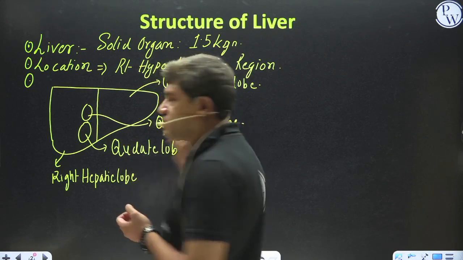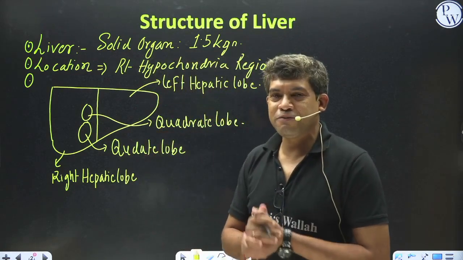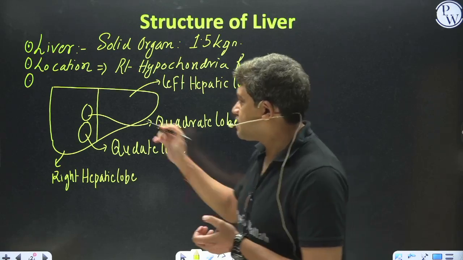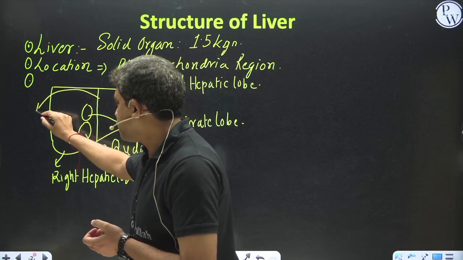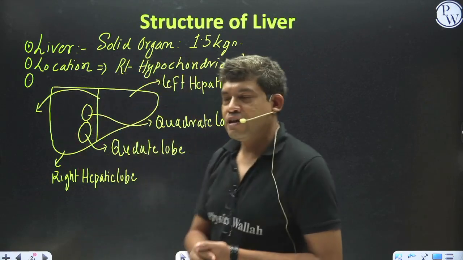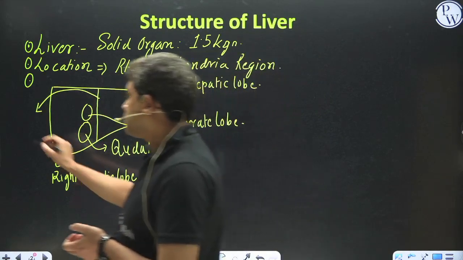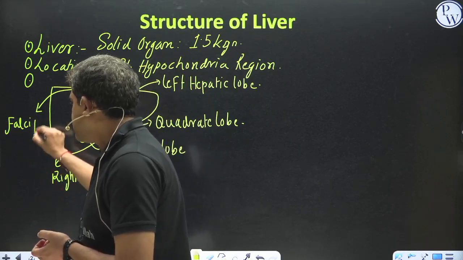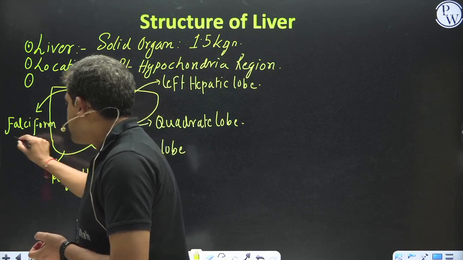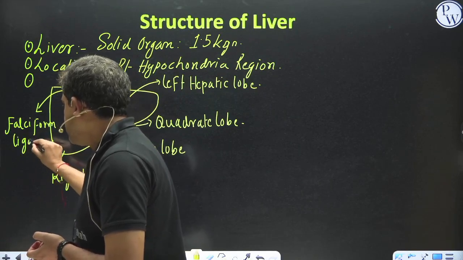The left and right lobes are divided by an important structure termed the falciform ligament, FALCI, falciform ligament.